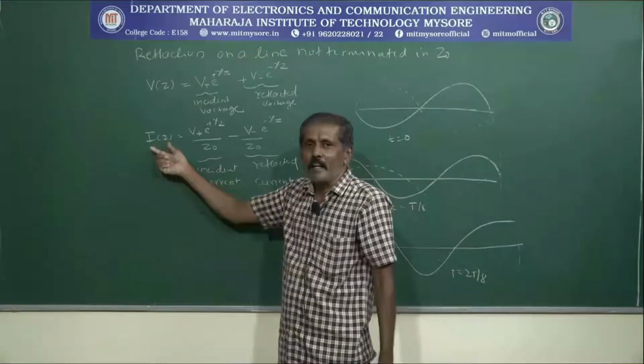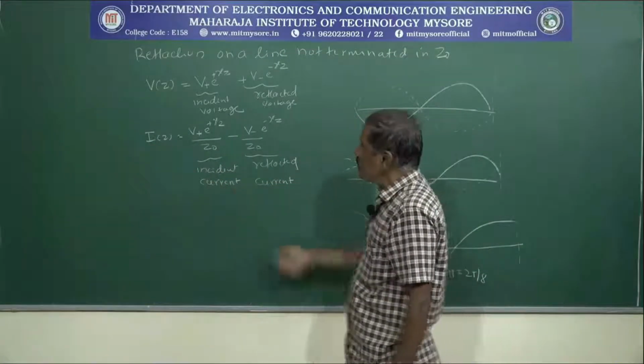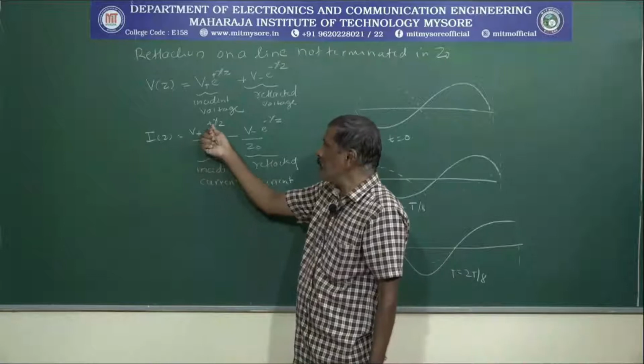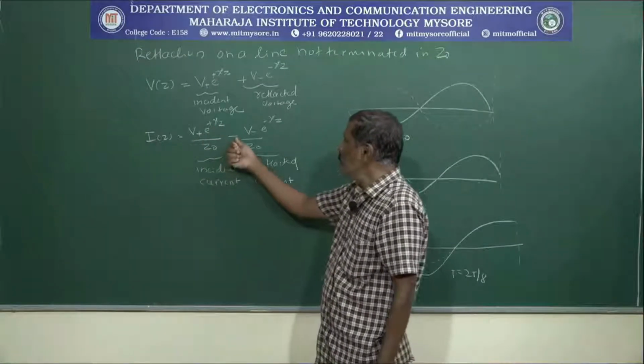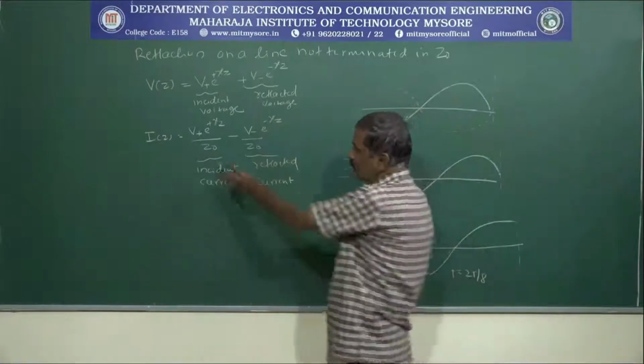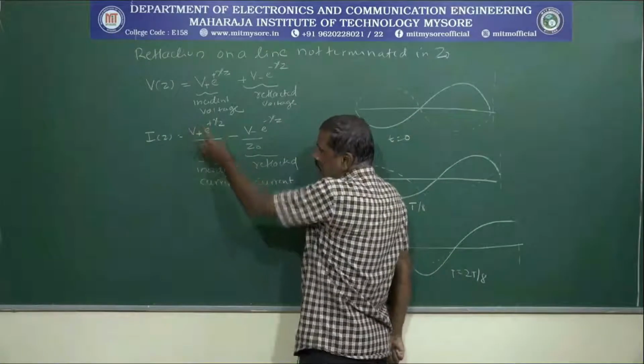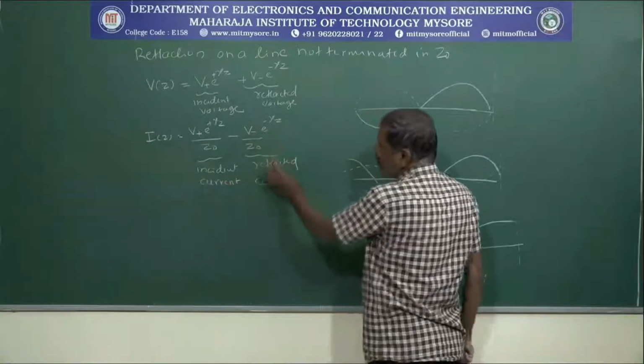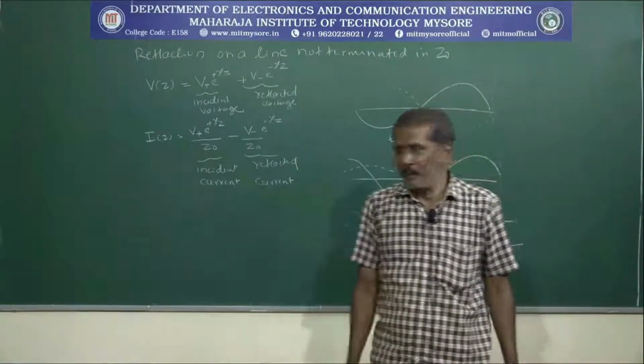Similarly, I of Z is the current at any point Z. It is represented by V plus e to the power of plus gamma Z divided by Z0, minus V minus e to the power of minus gamma Z divided by Z0. This first term is the incident current and the second term is the reflected current.